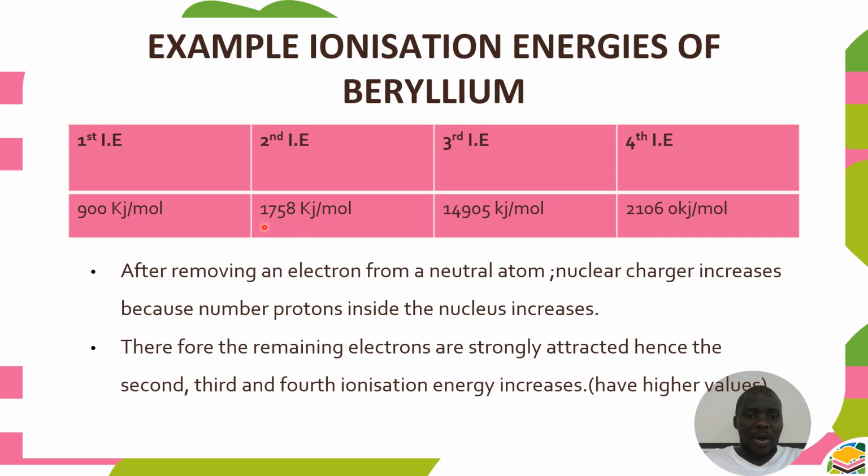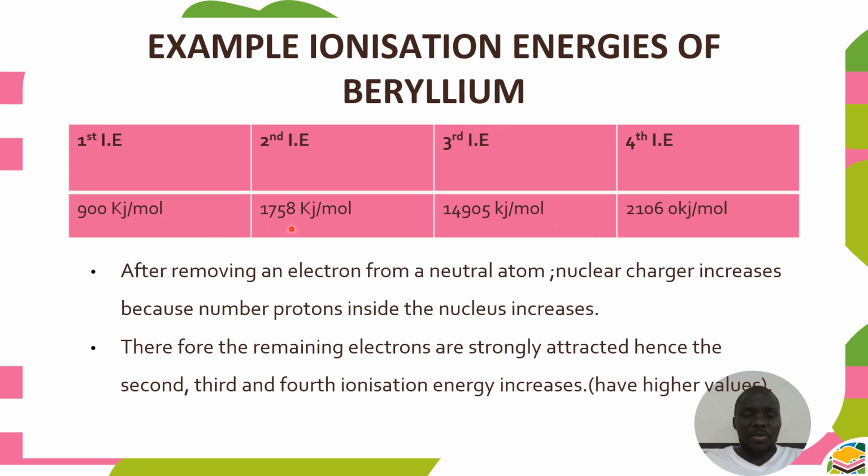The second one, we have 1,758 kilojoules per mole. The third one, we have 1,490, and the other one we have 2,106. If we check the values, what is happening?